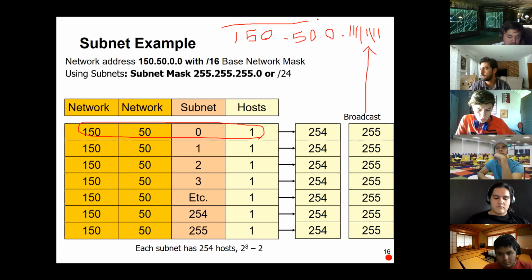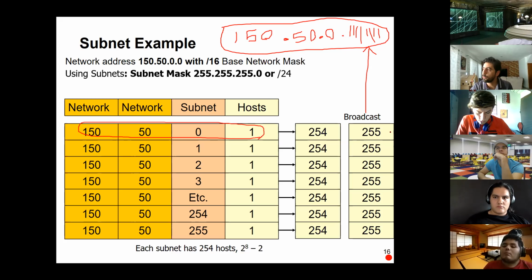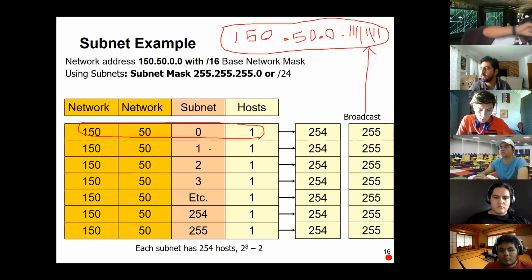This IP address is a broadcast address for this particular subnet. If you have a broadcast packet you want to send to all the hosts that are connected, you're going to use this. So you don't assign this to any host, and not all 0s either. Those are reserved addresses.